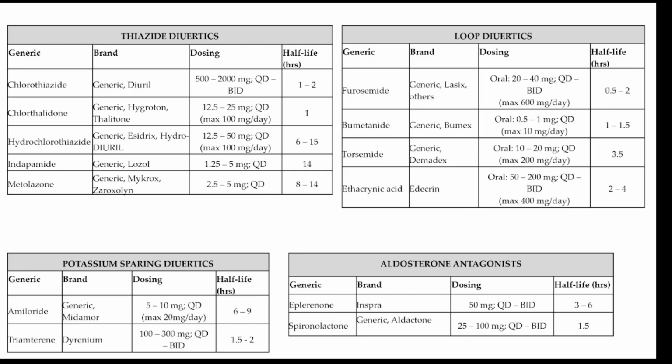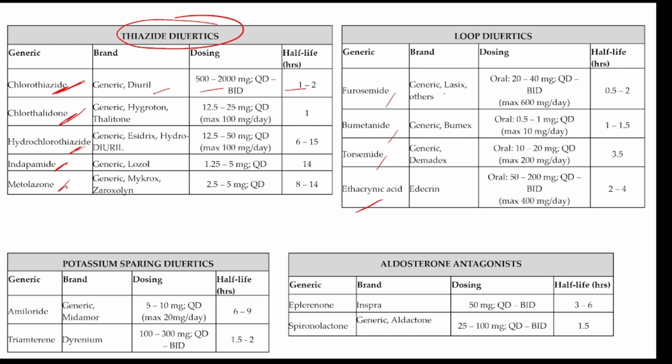Okay, here we have the group of medication we already covered. We have thiazides, generic names hydrochlorothiazide, chlorthalidone, indapamide, metolazone, and then we have the details about brand name, dosing, and half-life. Loop diuretics: furosemide, bumetanide, torsemide, and ethacrynic acid.